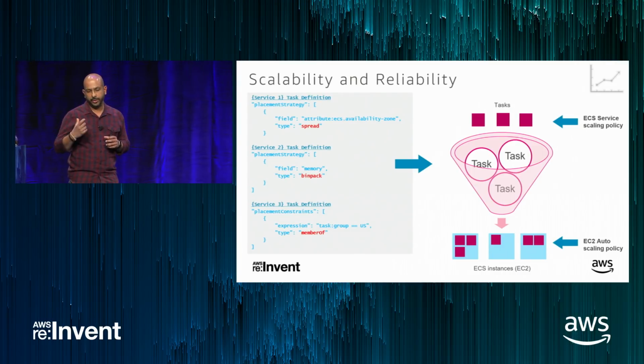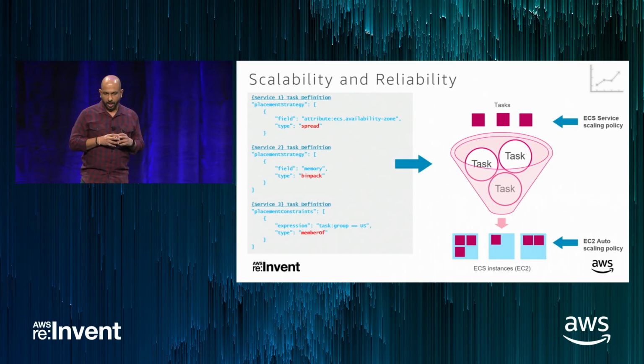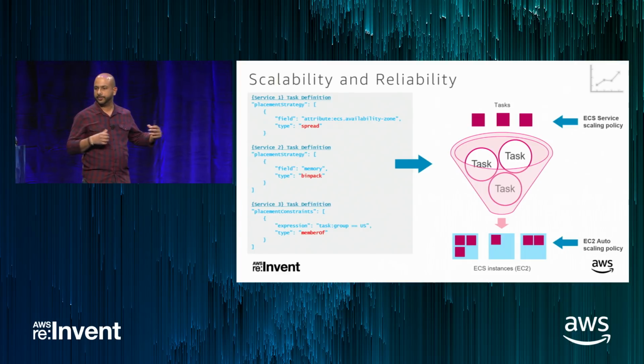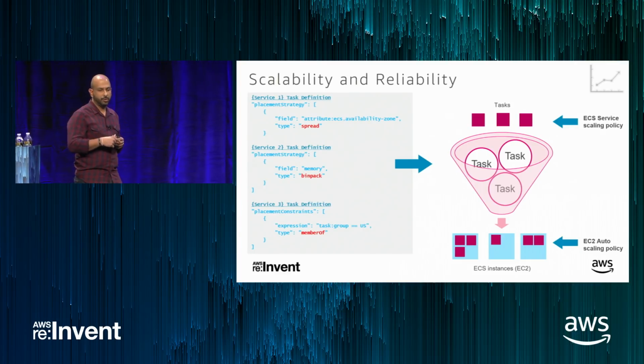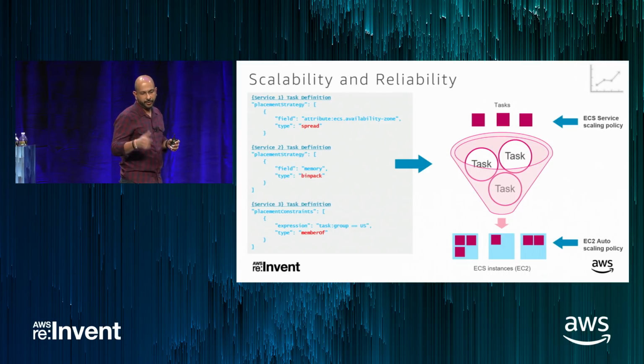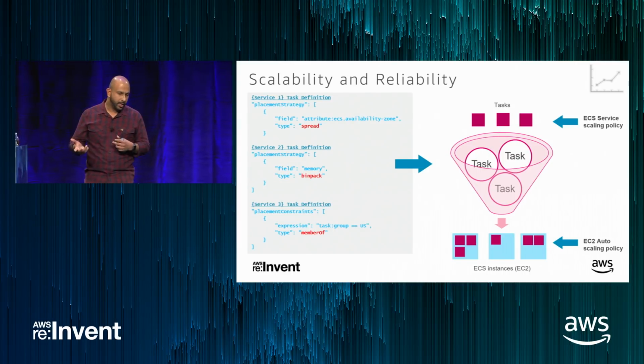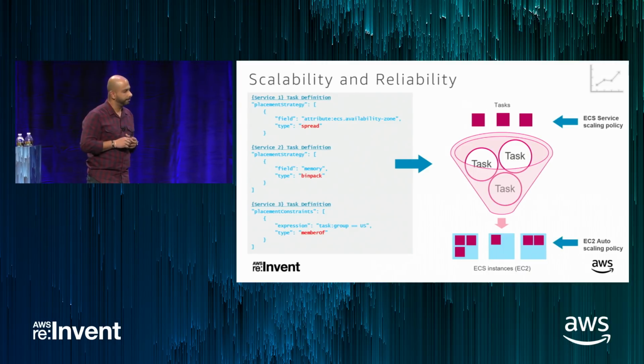This means that when ECS places the tasks, it will make sure it places them across all the availability zones that we have in our cluster. But as Sutra mentioned, you can have different attributes, like instance type or instance ID, depending on your use case. For us, it's the availability zone.